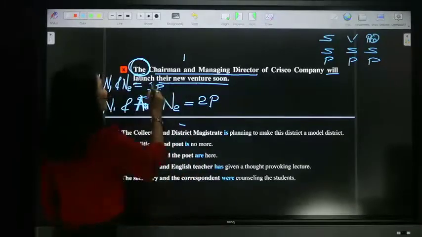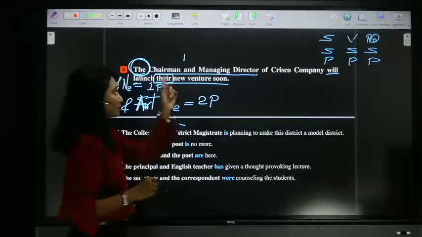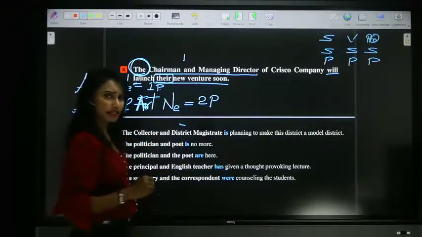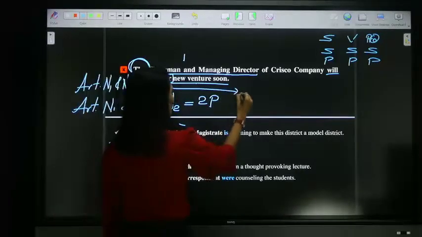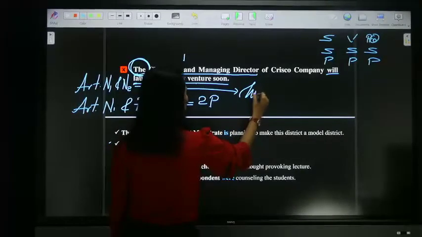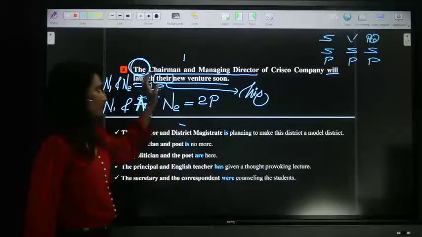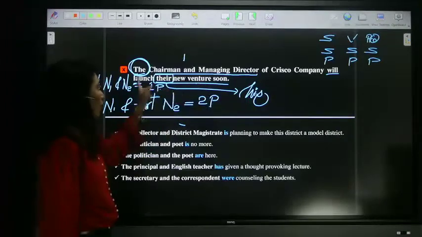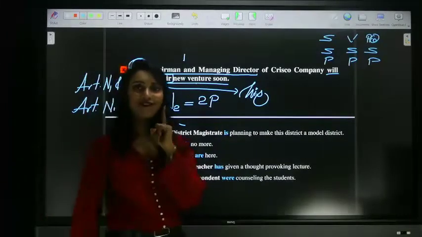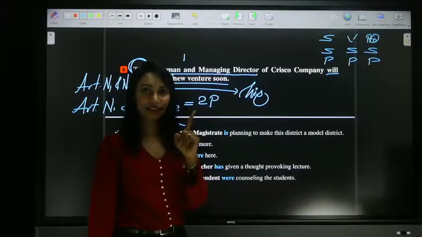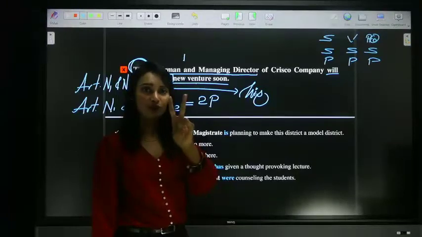But here there is a plural pronoun, while our subject is singular. We require a singular pronoun, so replace their with his: the chairman and managing director of Crisco company will launch his new venture soon, because there is only one person holding two positions.